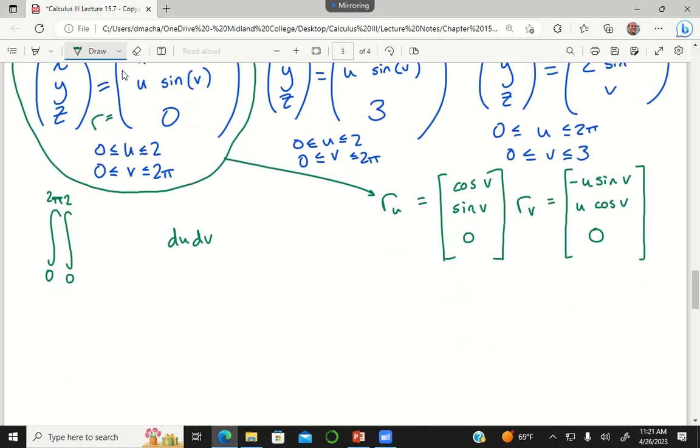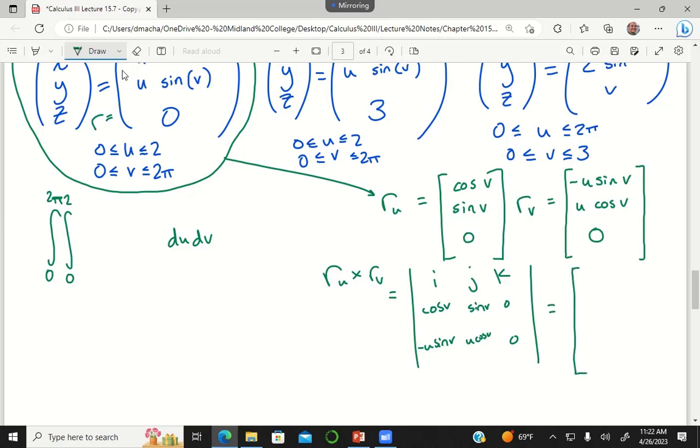If I want that cross product, then this is going to be the determinant of this 3 by 3 matrix looking thing. And on the second row I have cosine v, sine v, 0. And on the last row I have negative u sine v, u cosine v, and 0.